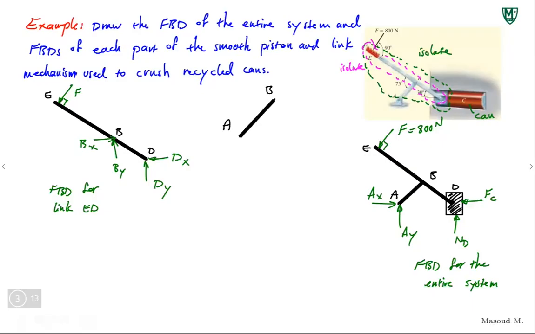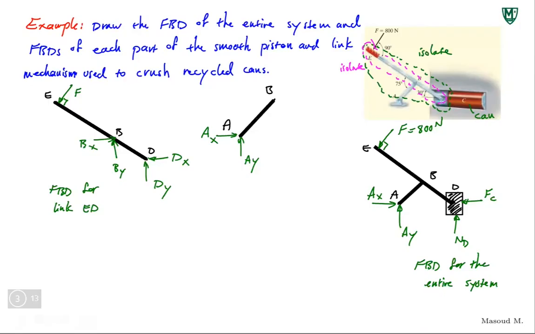Now, if I want to go with what I have from the free body diagram for the entire system, at point A I have pretty much the same thing, so put AY and AX. That's the joint connection. At point B, look at the free body diagram for link ED. AB is connected to link ED at point B, so whatever force components I put on link ED at point B, I have to flip them, with the same magnitude, and put them at point B on link AB.